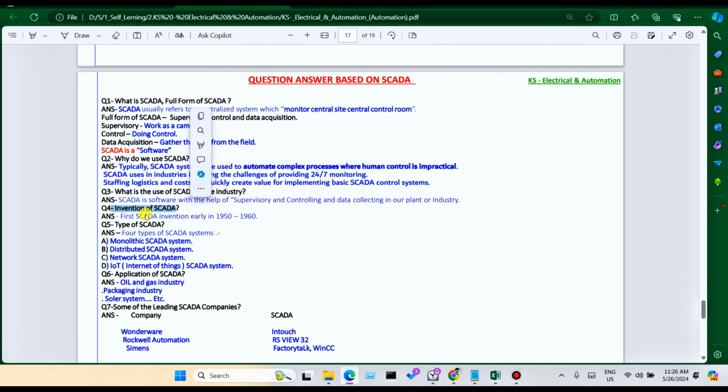Invention of SCADA: the first SCADA was invented in about 1950 to 1960. Next is the types of SCADA. There are four types of SCADA system: monitoring SCADA system, distributed SCADA system, network SCADA system, and IoT (Internet of Things) SCADA system.